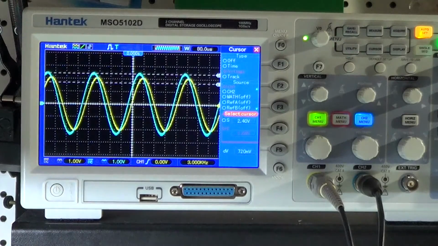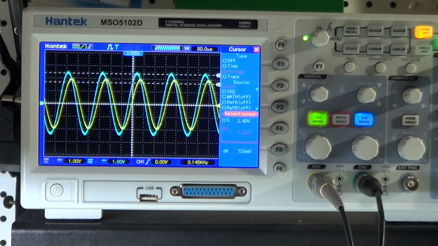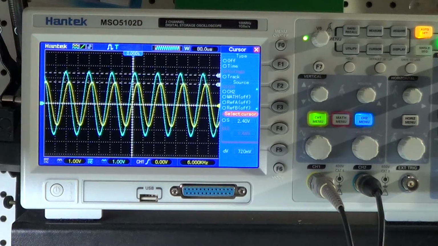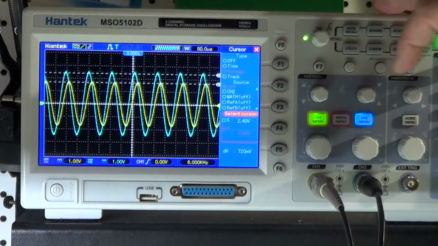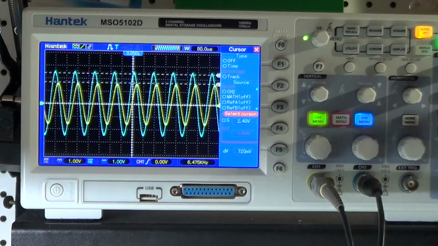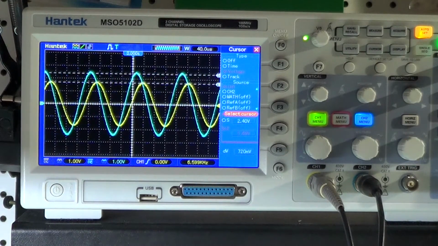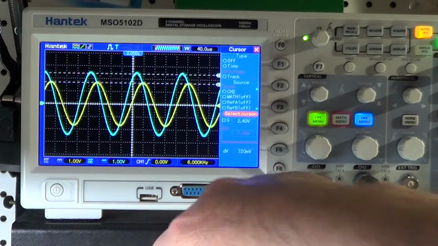Look how this time the wave goes down quite a bit faster. And this is 4 kHz. 5 kHz. This is already 6 kHz. And I guess we can stop over here, because if we go any further, we go beyond. So this is the place where we have to wait. Here we go. So basically we have a cutoff frequency of about 6 kHz.